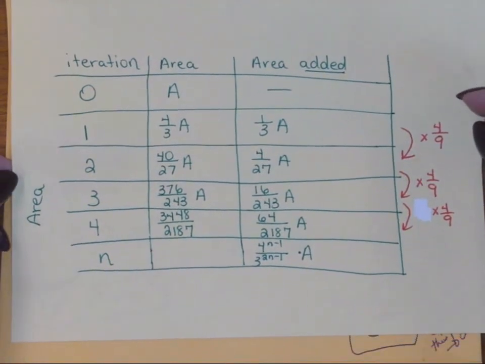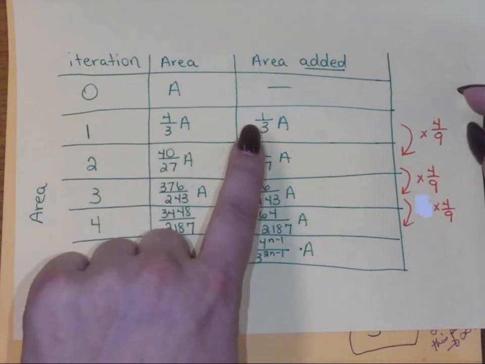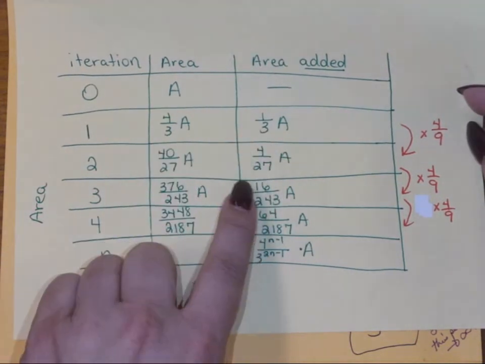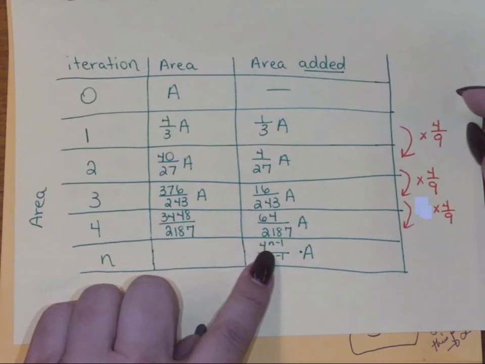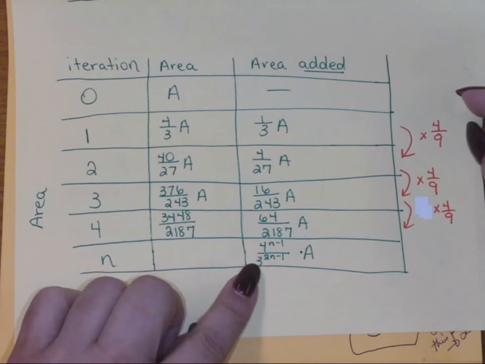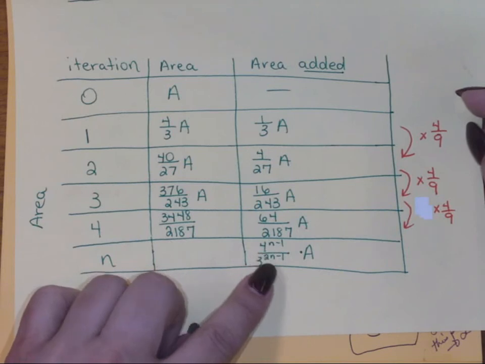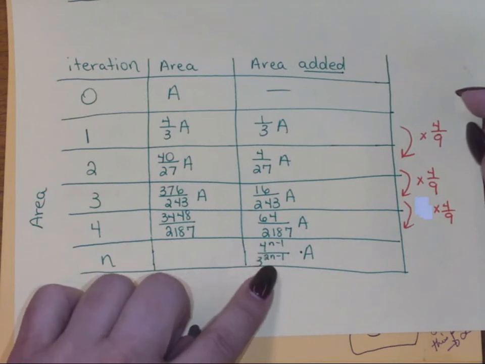In the area, if I add up the areas, each one's going to be 4/3 area. Area added is 1/3. You can see I've got this lovely little process going on here of what the area is that I'm adding. So this area that's being added, the exponent on the bottom, 2n minus 1, is bigger than n minus 1. So as we go to infinity, what does that mean?